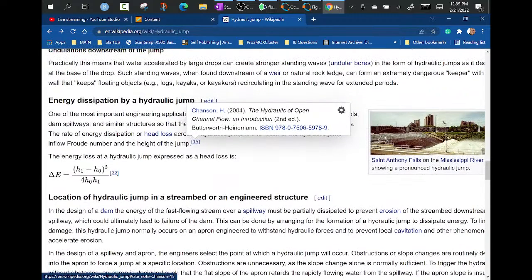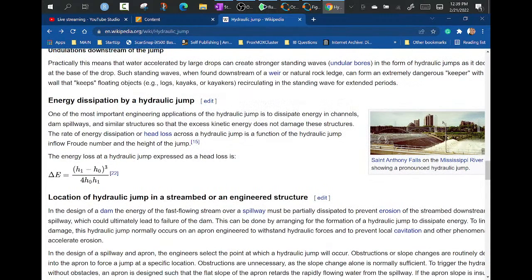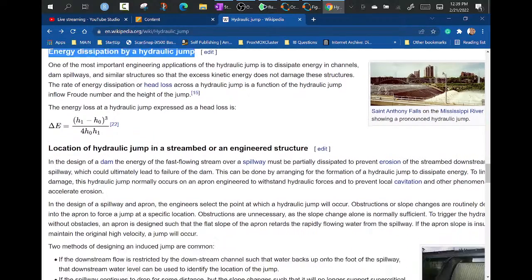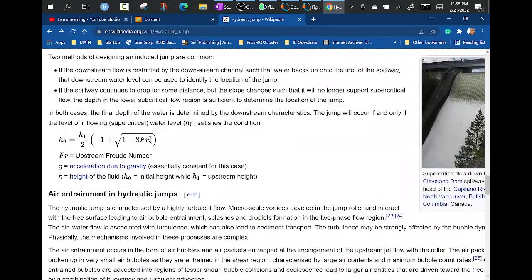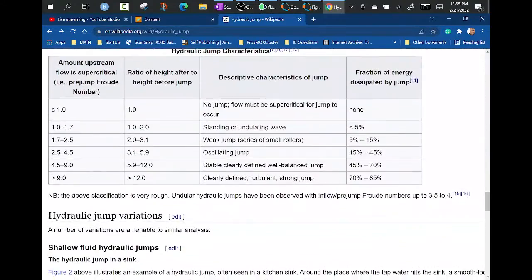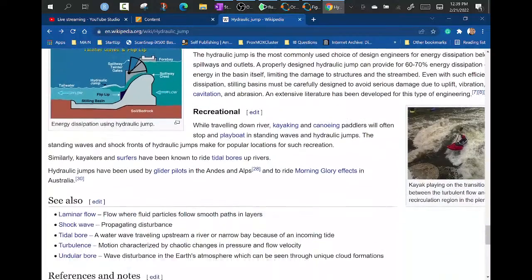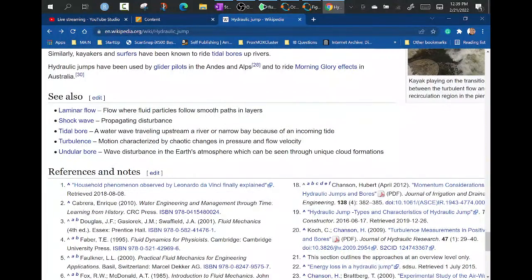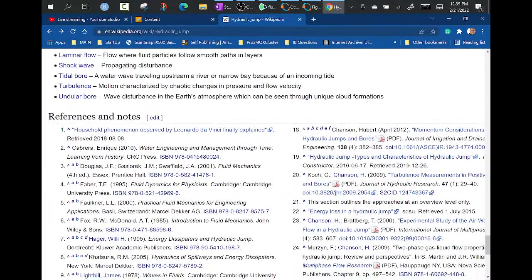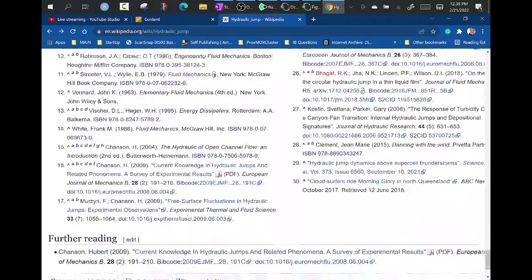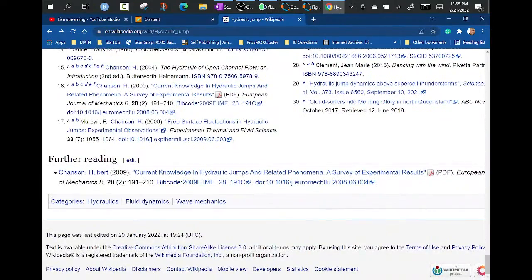And so you'll lose energy across the jump. Yeah, I think at this point we'll just call it quits, because we're not going to go in and calculate this. This is just the trivia of a later section.